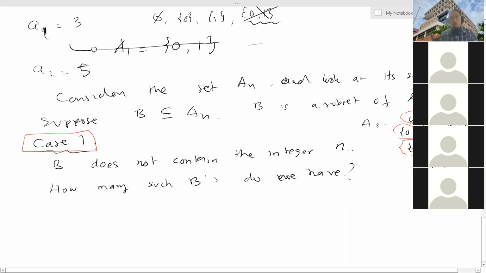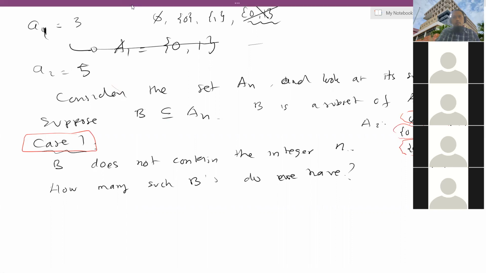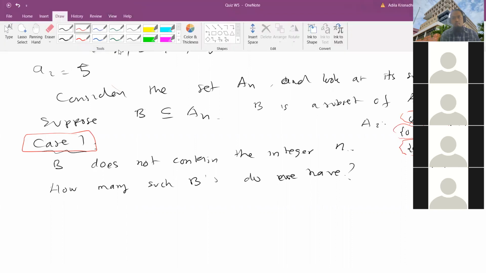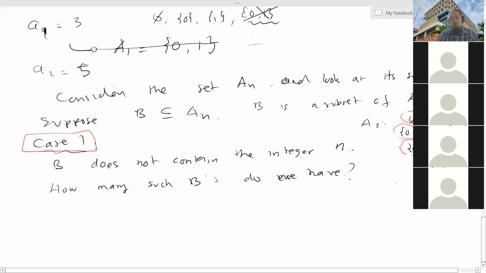So how many such B's? It's the same as if you fix the last number so that B does not contain n. It cannot contain n. Then there are 2 to the power of n minus 1 such B's.